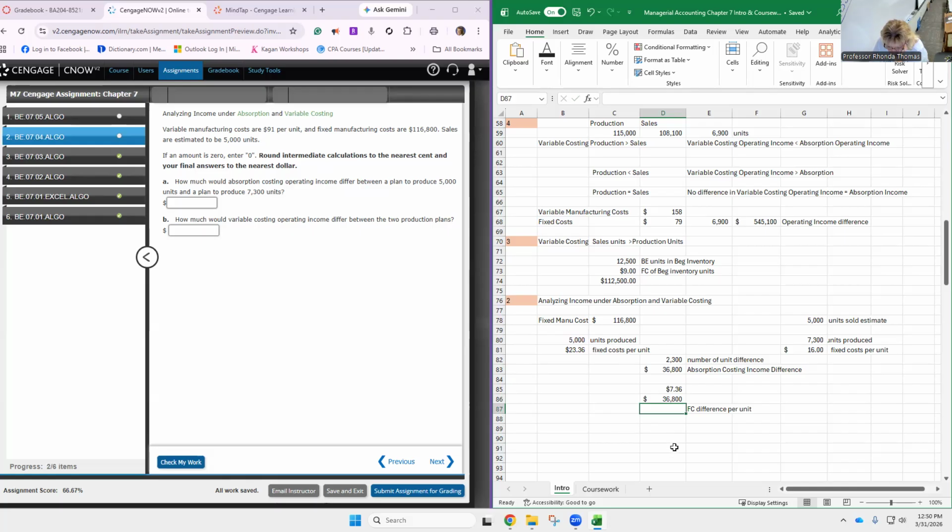And the difference per unit is the same. These numbers must be the same.